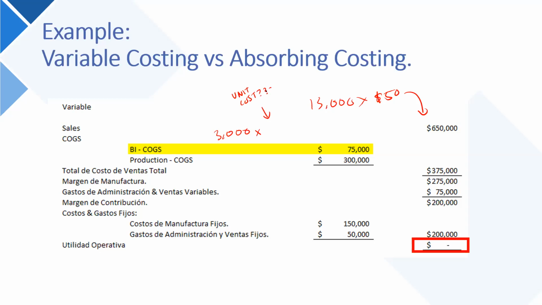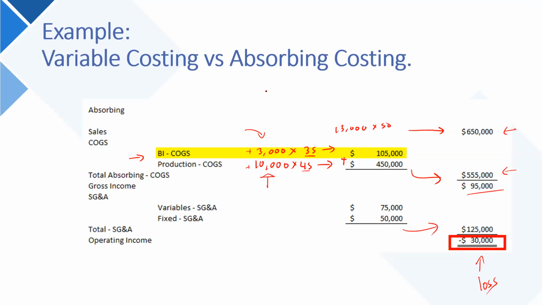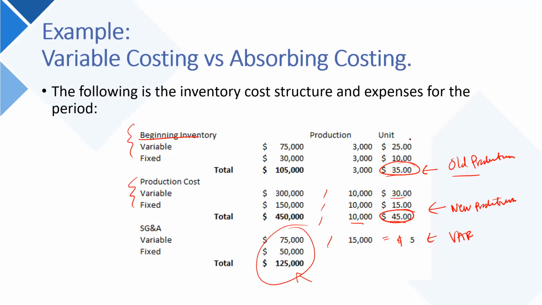The 45. Let me go to the information, and remember, this is something that we have from the old production. I know, 15. It's from the old production, and it's only the variable. So which number should we be using? 10. 25. 25.